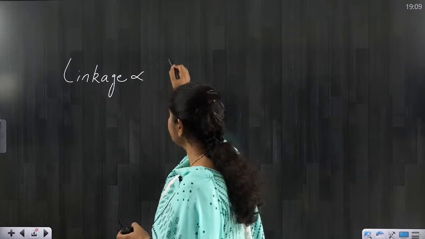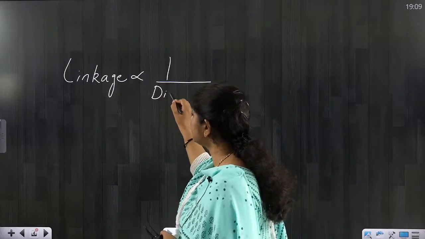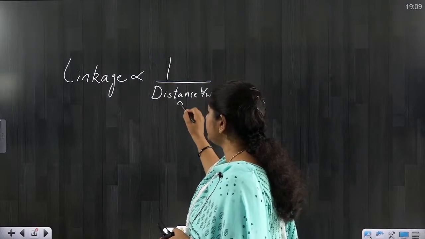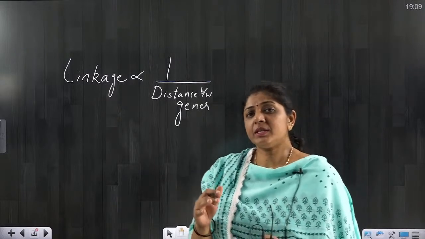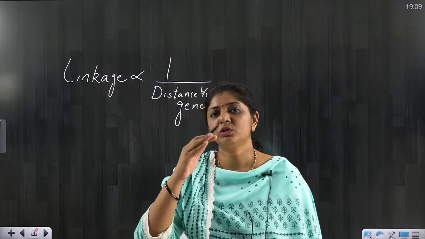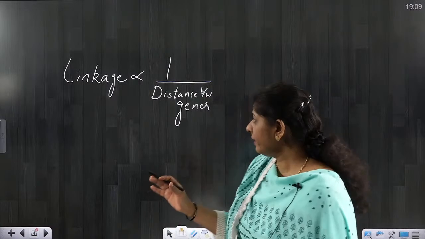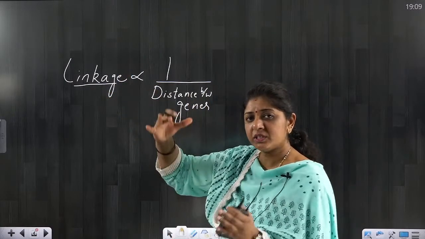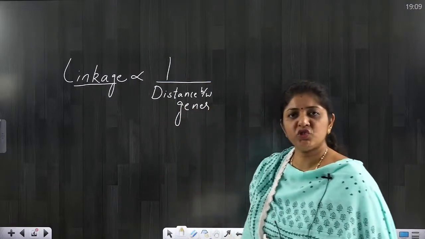So linkage is inversely proportional to the distance between the genes. Which genes am I talking about? In this whole topic I will discuss the genes which are present on the same chromosome. So how closely the genes on the same chromosome are linked depends upon the distance between the genes.